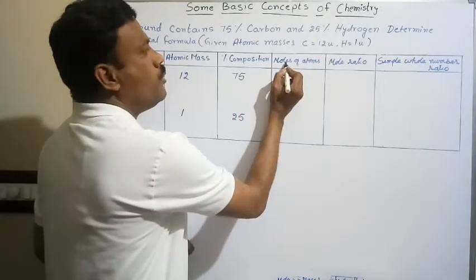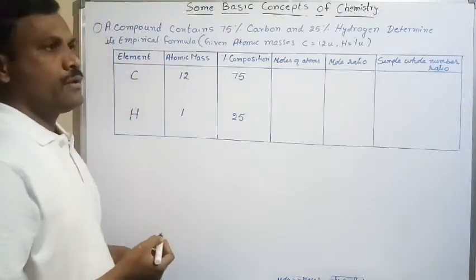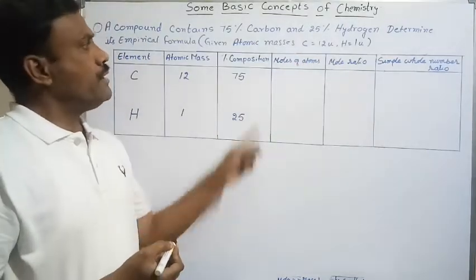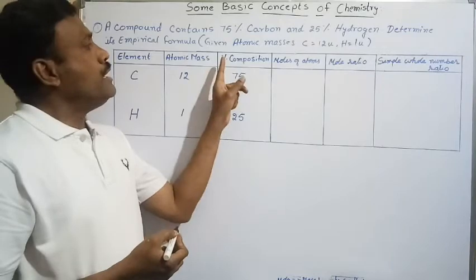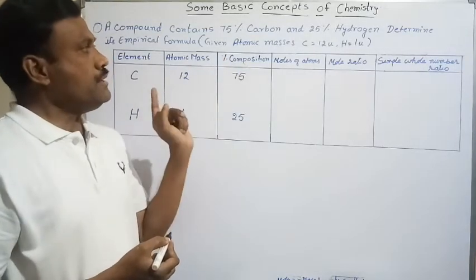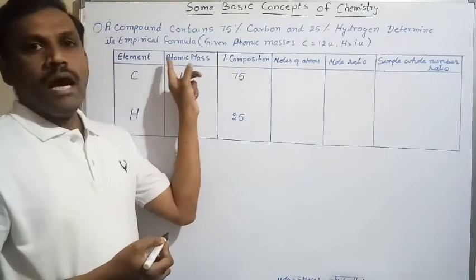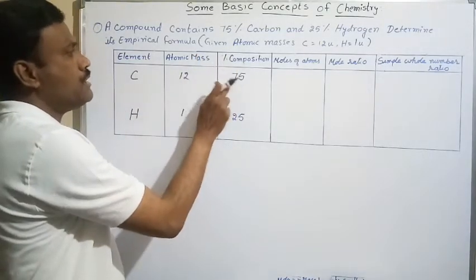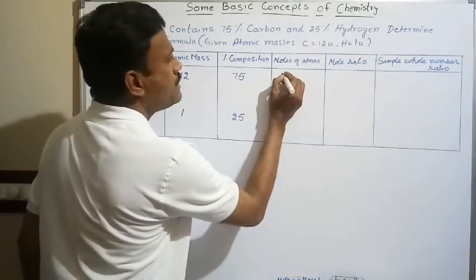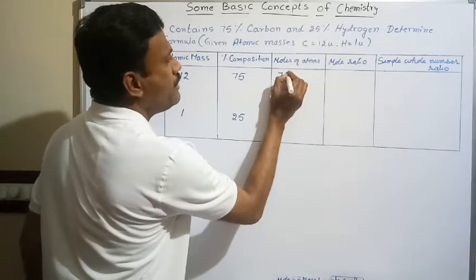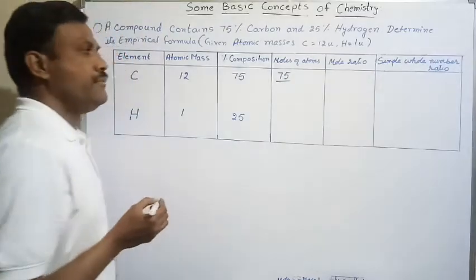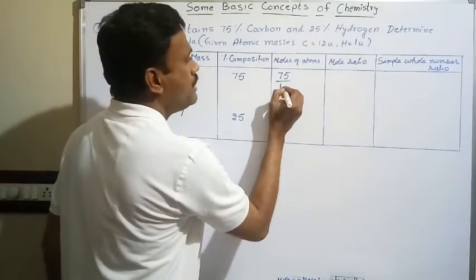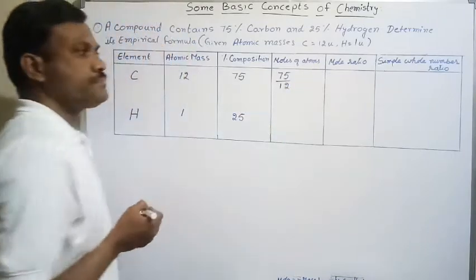Coming to next, moles of atoms. To find out moles of the atoms, divide percentage composition by atomic mass. Percentage composition of carbon is 75 divided by atomic mass of carbon, that is 12.